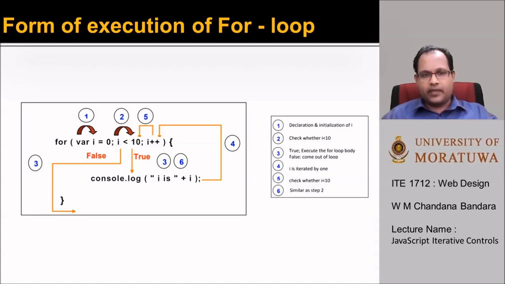So this will break the loop and go out of the loop here. So any other code specified after this for loop gets executed after executing this code 10 times. So this is how a for loop works.